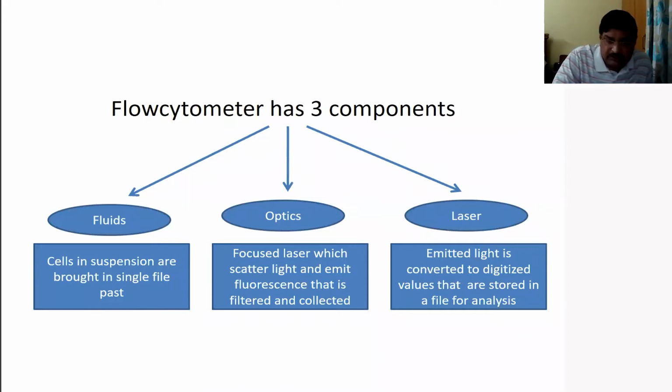In the optics, you have lasers which are directed to the flow of the cells, and you get scatters. It could be forward scatter, it could be side scatter. Based on that, you have populations of cells on the scatter plot. Usually the current generation of flow cytometers have 3 lasers, and they emit light. Through the photomultiplier tubes, you collect those cells based on the color of the fluorophore or fluorochrome on the CD marker. So the more colors, the more fluorochromes are being used in the antibodies. Next.